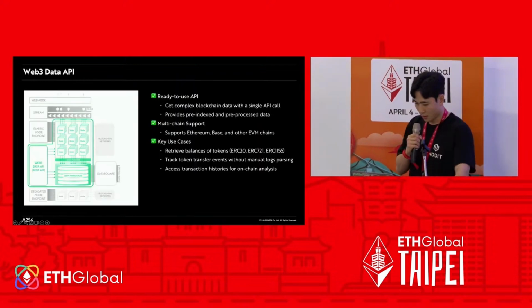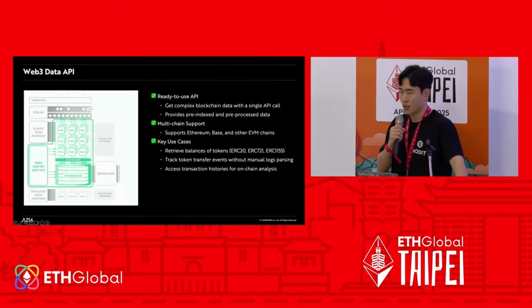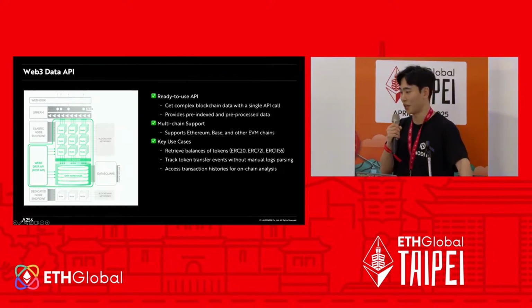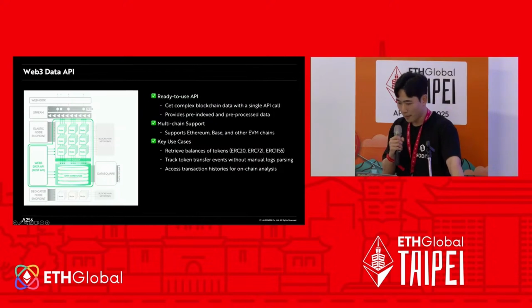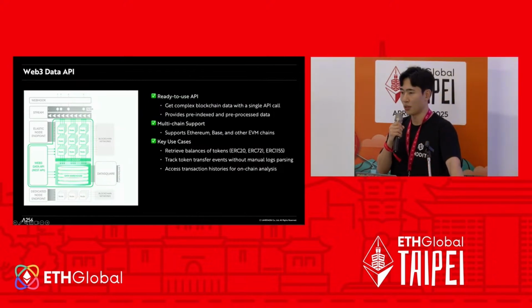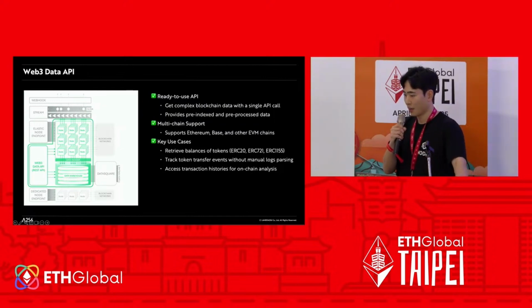So next up is the Web3 Data API. Sometimes you need more complex, structured data, not only raw data. If you want to get useful data from the blockchain node, you have to process and convert it into useful data.